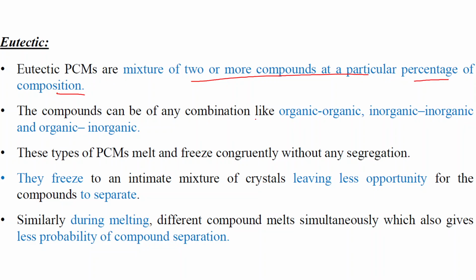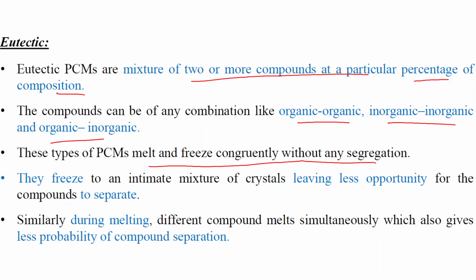The compounds can be of any combination, like inorganic-inorganic, or organic-inorganic. These types of phase change materials melt and freeze congruently without any segregation. This means that when two compounds are mixed at a definite percentage, they act as one. Even if you heat them, freeze them, or melt them, they will not phase separate.